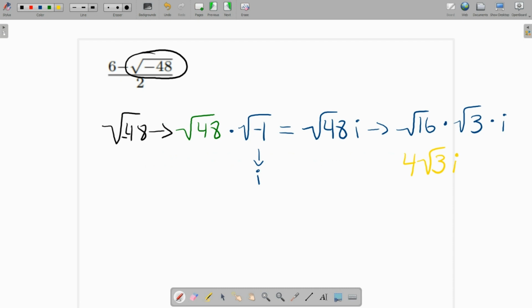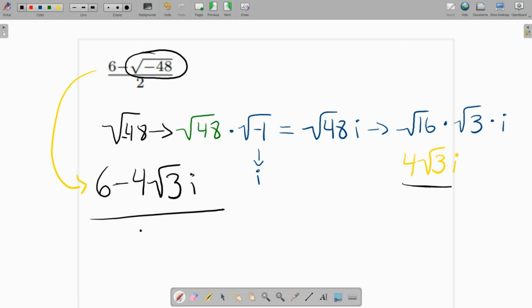Now that we have that, we can rewrite this problem as 6 minus, and then we put our answer into the fraction above, which would be 4 square root 3 i, and then all this over 2.